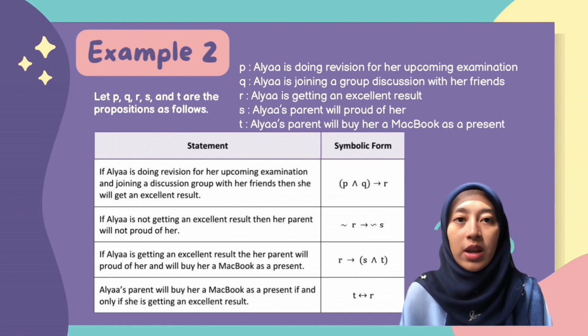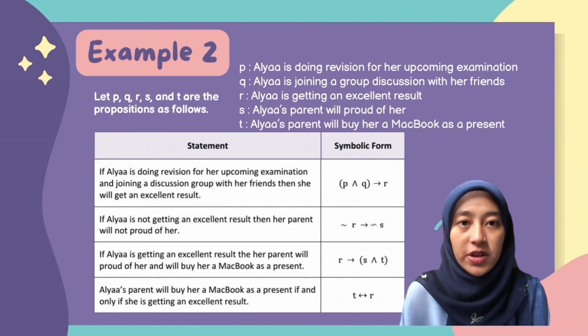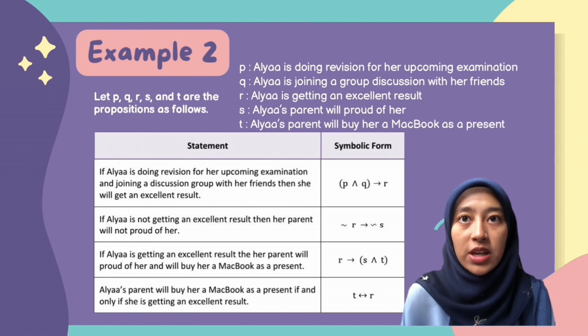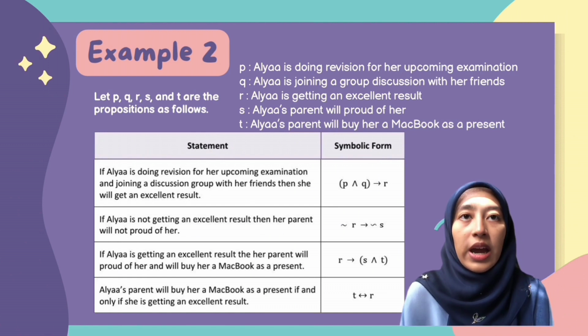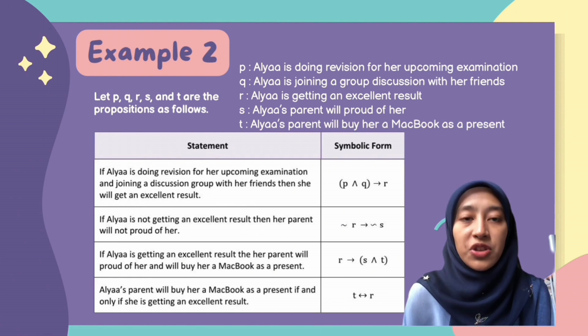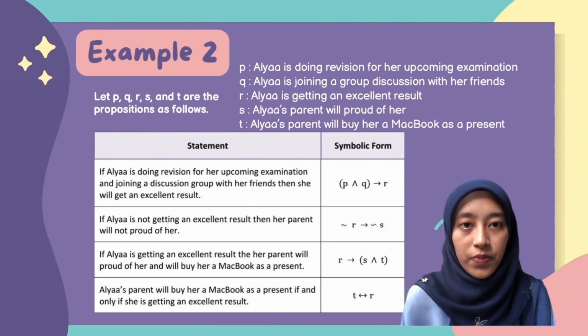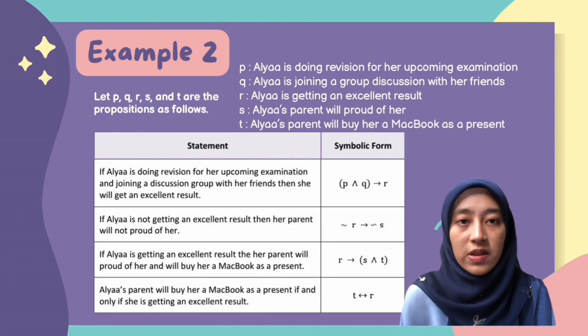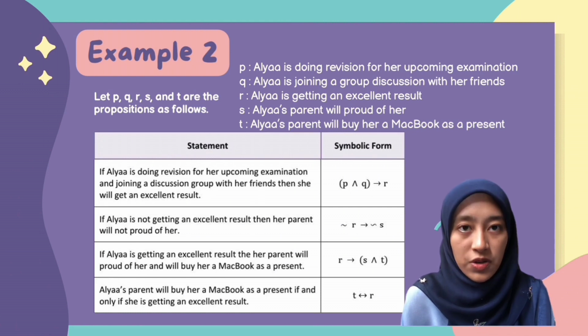Statement 1. If Alia is doing revision for her upcoming examination and joining a group discussion with her friends, then she will get an excellent result. And the symbolic form is in bracket P and Q implies R. Statement 2. If Alia is not getting an excellent result, then her parents will not be proud of her. The symbolic form is not R implies not S. Statement 3.